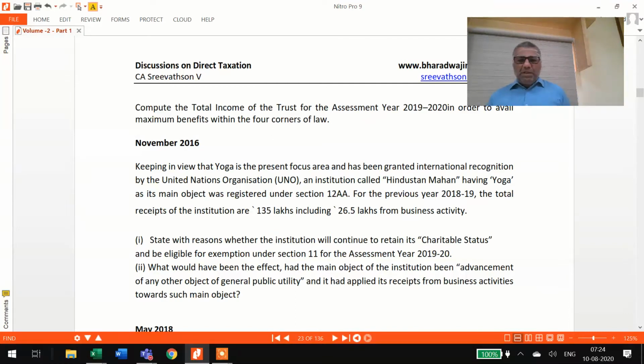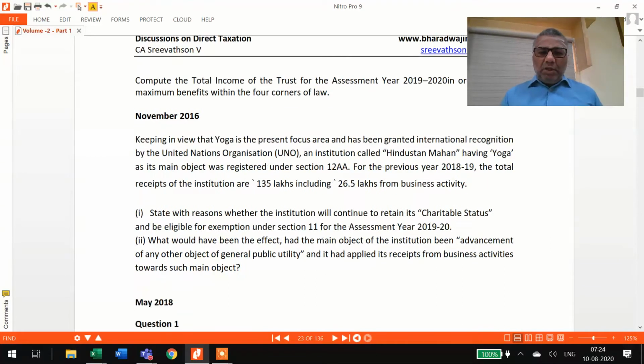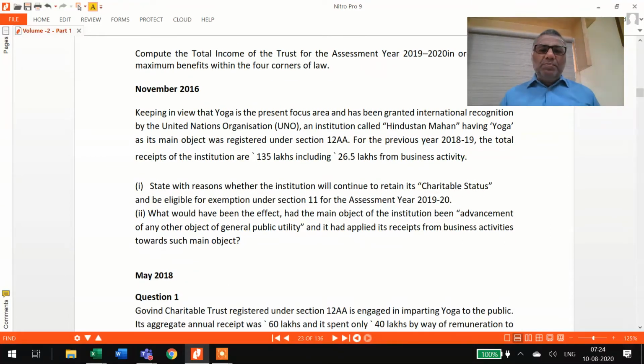For this purpose, the total receipt was 1035, which includes 26.5 as business activity. In this case, state with reason whether the institution will continue to retain charitable status and be eligible for exemption. Yes, because there is no restriction on business income.